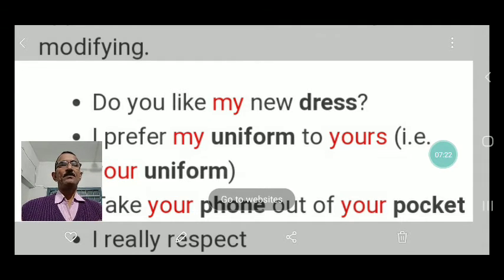I prefer my uniform to yours. Means my uniform is much more suitable for me to wear than yours. Take your phone out of your pocket. Your phone. Whose possession? Your pocket.